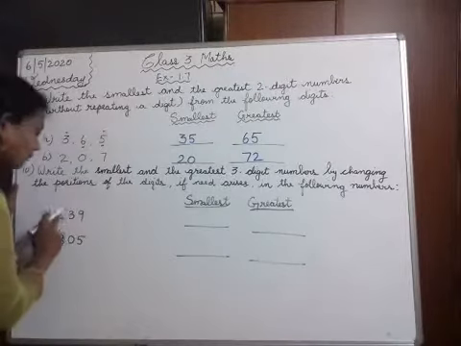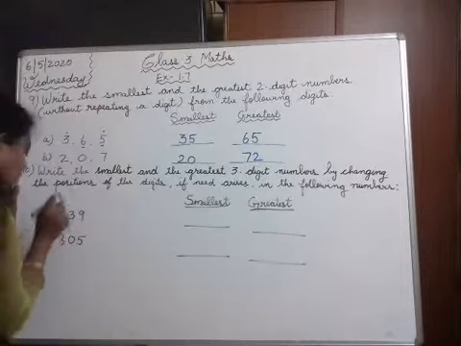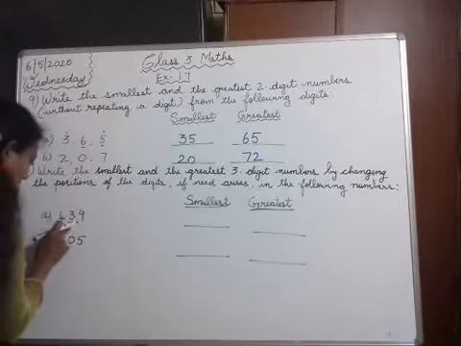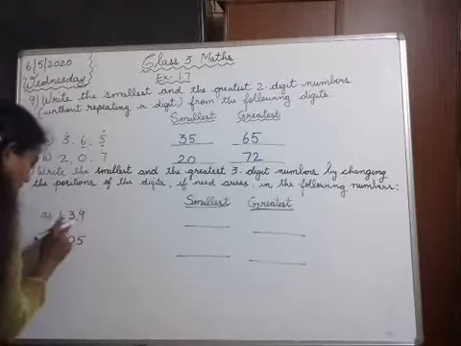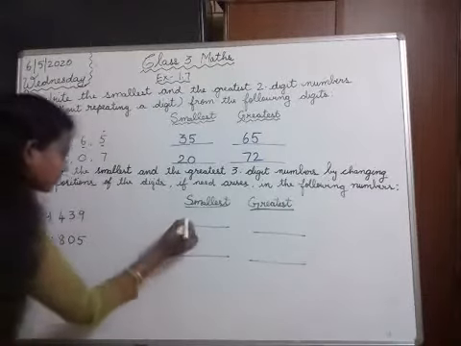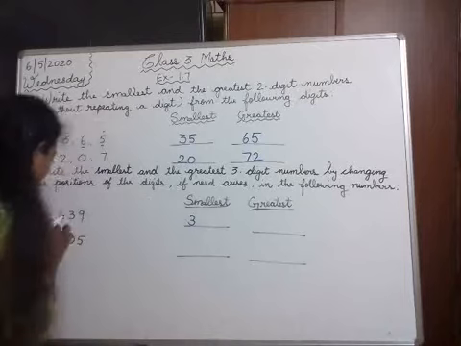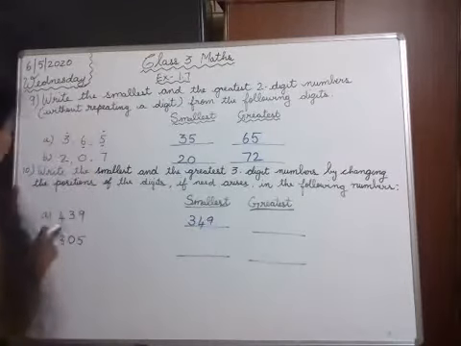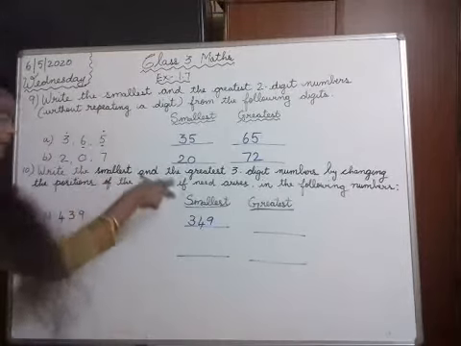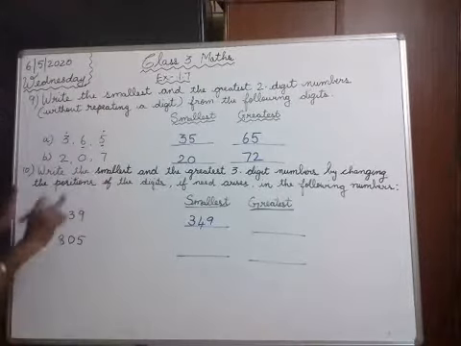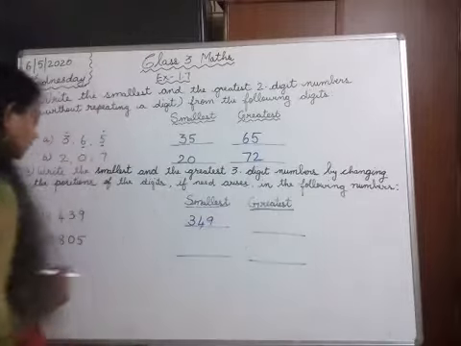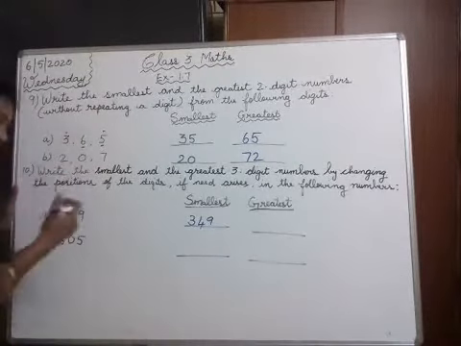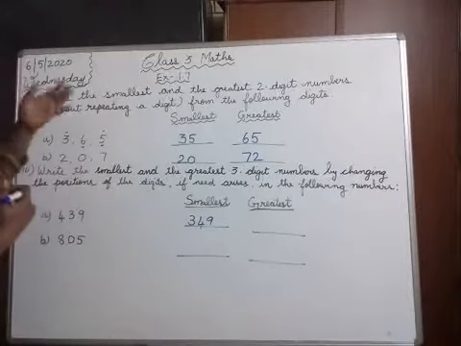Now after changing the places, which is the smallest three-digit number? See, in this 439, which is small? 3. First we will write 3. After 3, the next ones, 4, 9. So 349 will be the smallest three-digit number, and the greatest three-digit number: greatest means we have to take it in descending order, that is big to small.